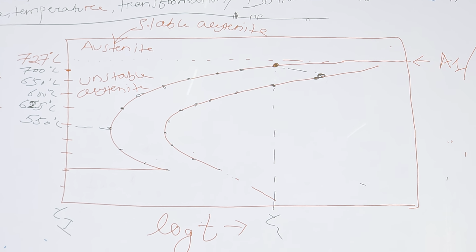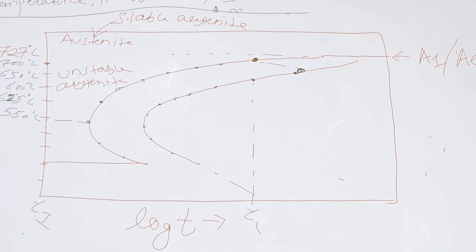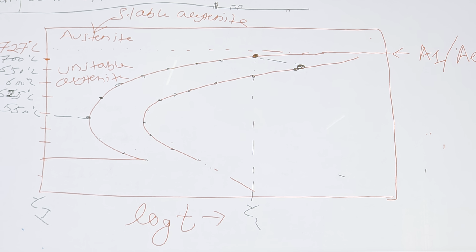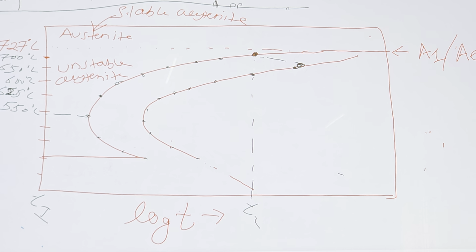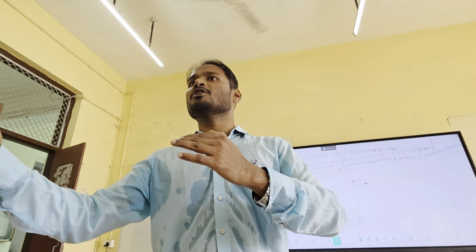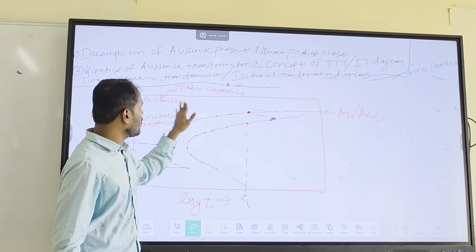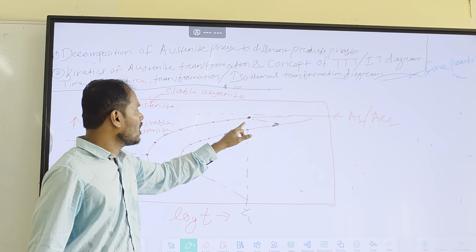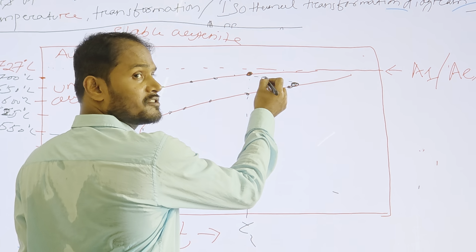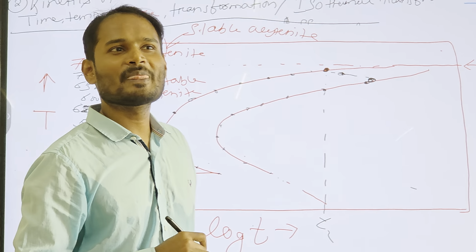You are holding the temperature fixed, that is isothermal I am saying, and you are allowing the time for the transformation. And you will see initially there is no transformation at all. But a time will come, transformation will start, and then a time will come, it will finish. So first C curve is the transformation start curve, second curve is the transformation finish curve. So it means what? Up to this point, austenite will stay, and if you check the microstructure here, for example, what will you see?